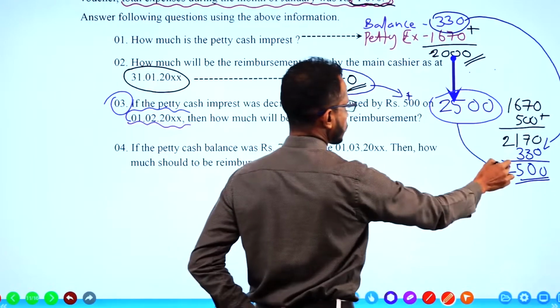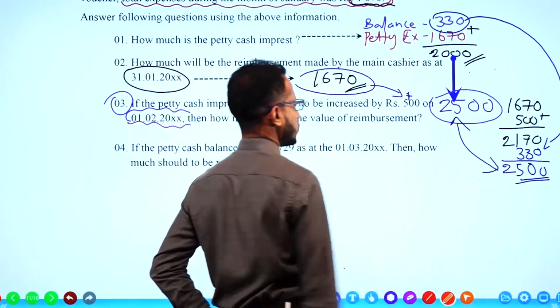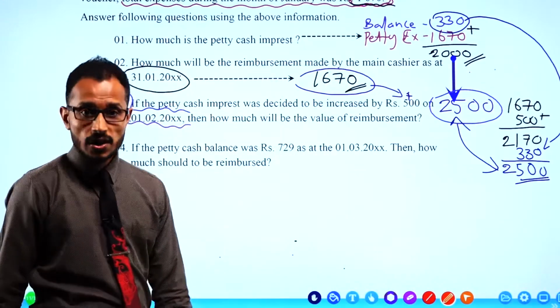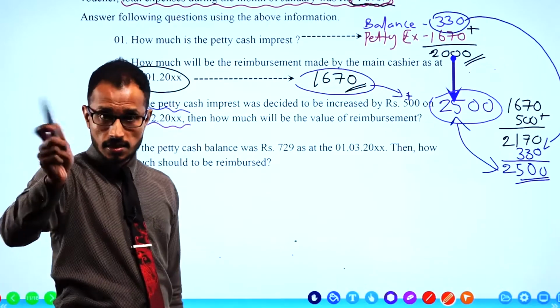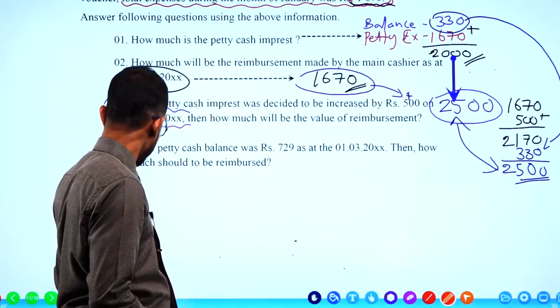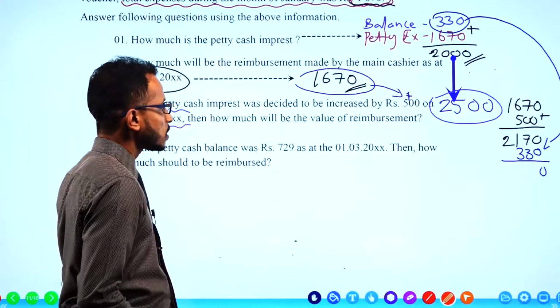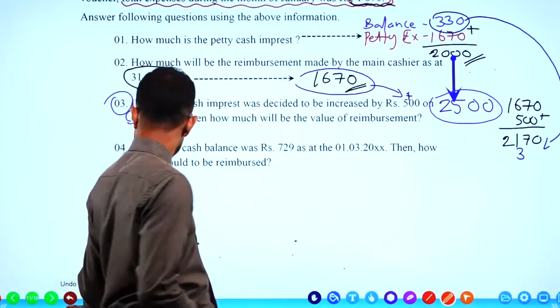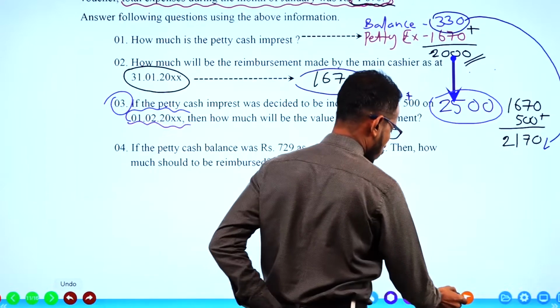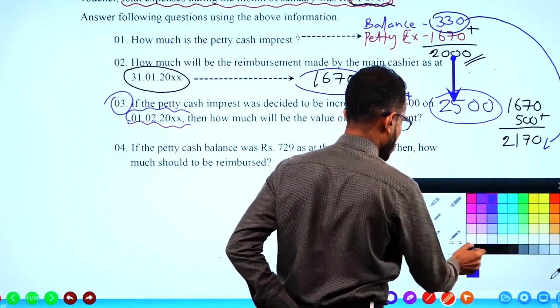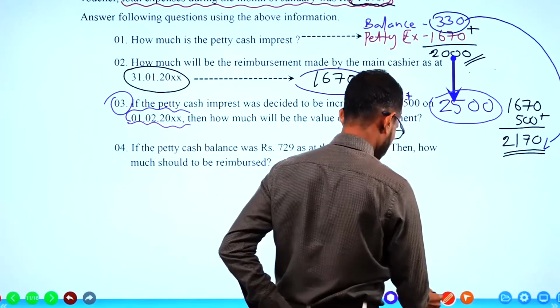That is the new imprest. All right, you got it. But that is not the answer. Answer is this: $2,170. This is the answer.